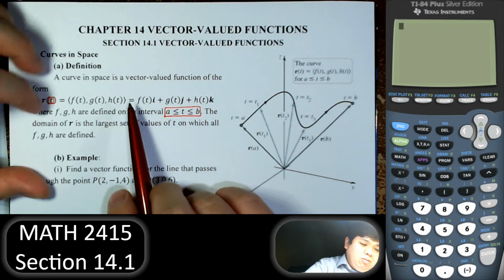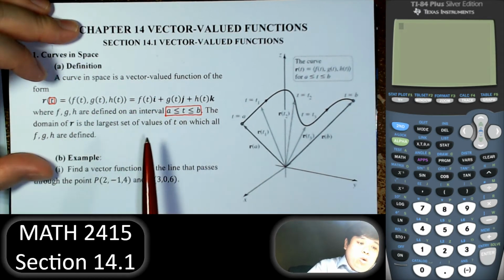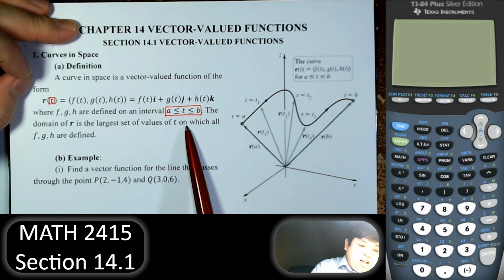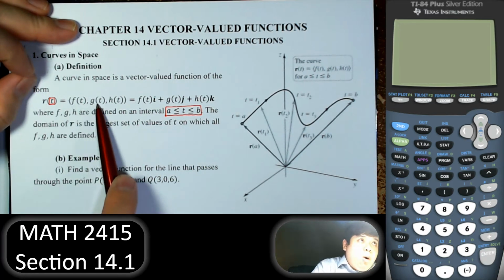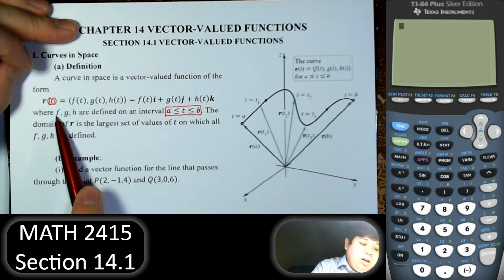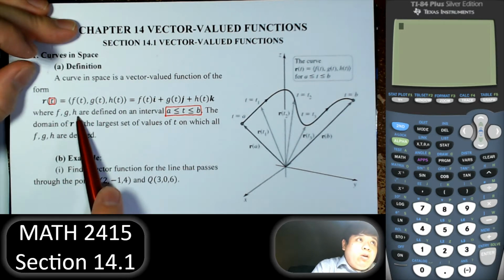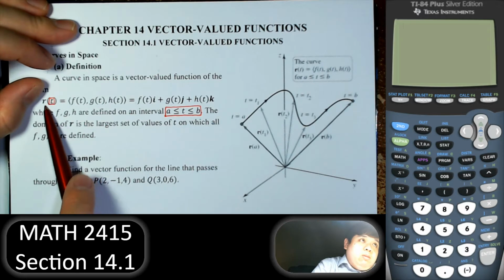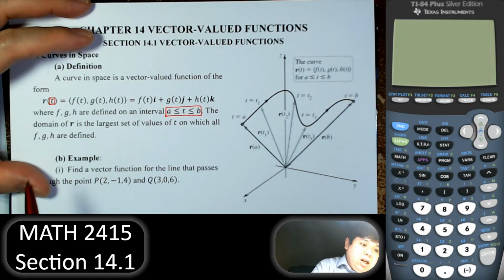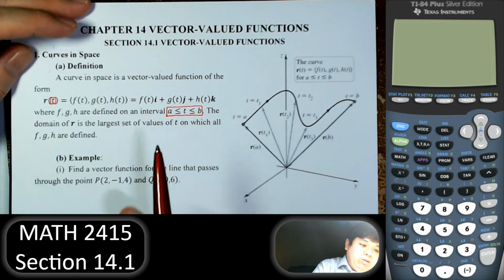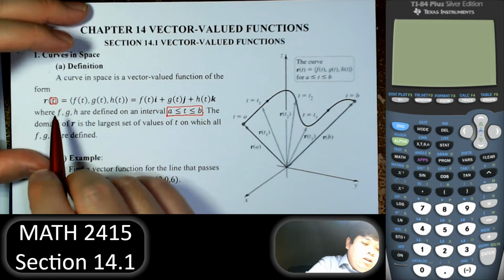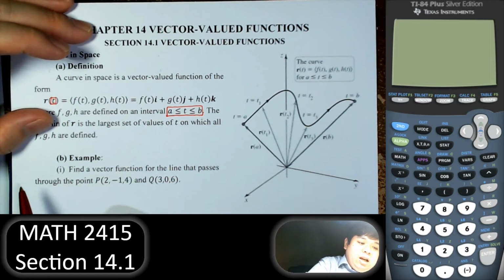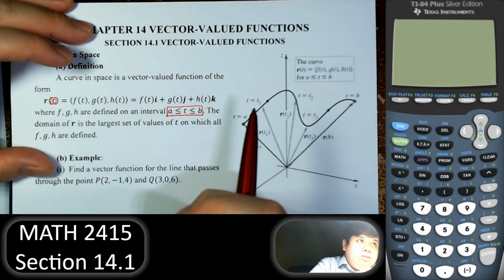If it is a vector valued function, the domain is the largest set in which each component function is defined. So all of them have to be defined for a parameter t. That's how we define a curve in space. It's a vector valued function, right?